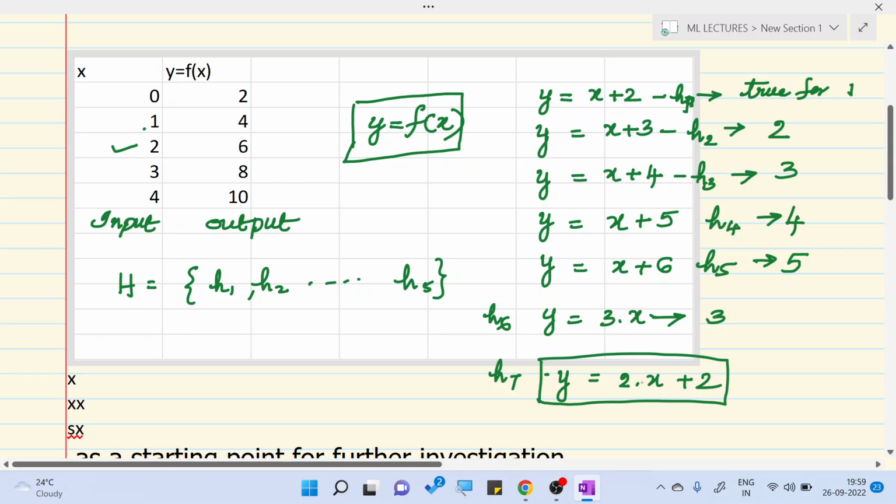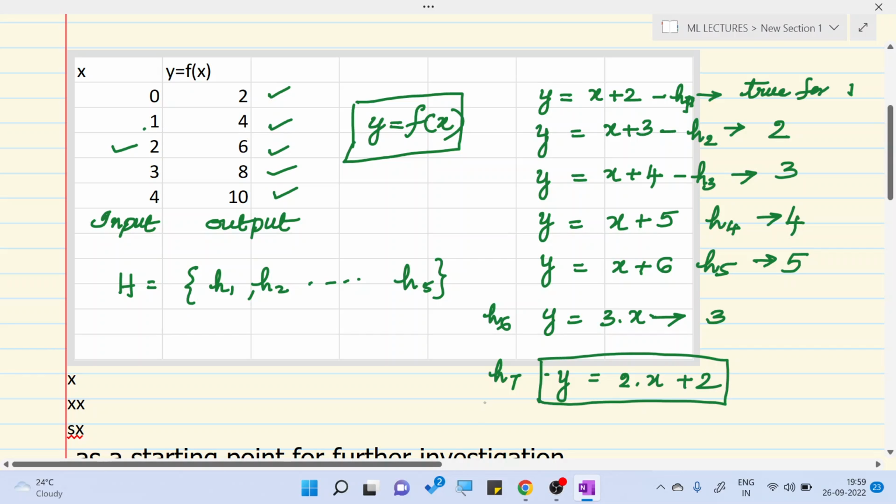If you substitute 0, it is 2 into 0 plus 2, 2. This is satisfied. If you substitute 1, 2 into 1 plus 2, 2 plus 2, that is 4. This is satisfied. If you substitute 2, 2 twos are 4 plus 2, 6. It is satisfied. 2 into 3, 6 plus 2, 8. 2 into 4, 8 plus 2, 10. So my seventh hypothesis satisfies all the given evidence.